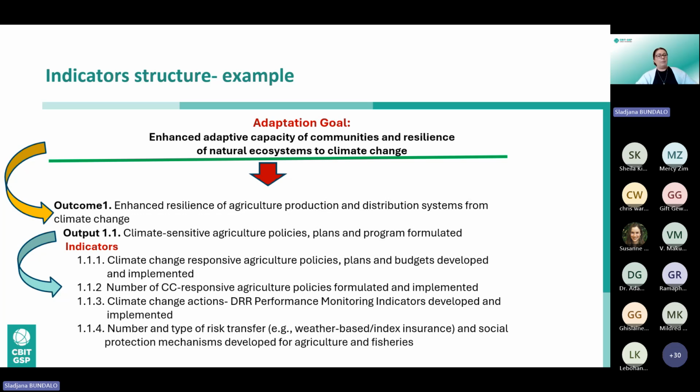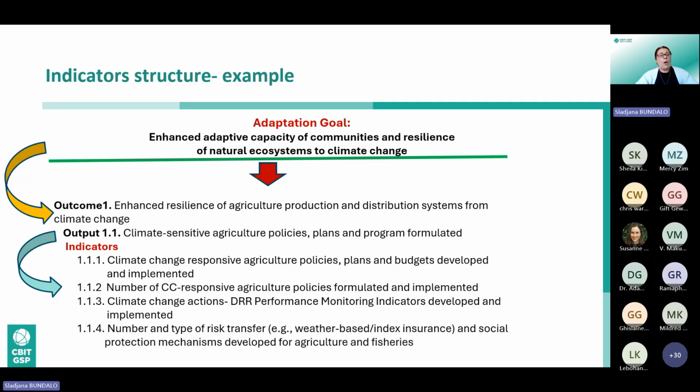This is from international practice, one example of how adaptation indicators can be structured to reflect a clear results chain from the overall goal down to specific measurable indicators. As I said, it reflects recent practice, but this is a simple overview that can help you think systematically about how each level of intervention contributes to the broader adaptation objective.